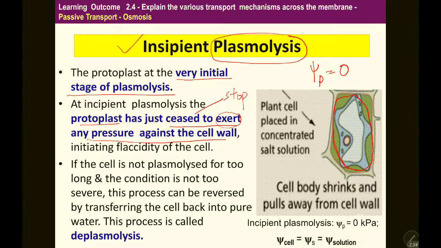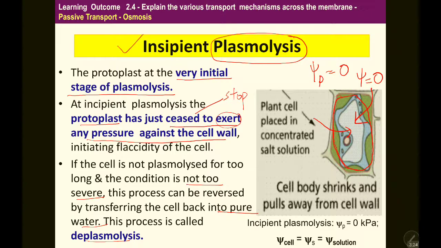Okay, if this condition is not too severe, you can reverse the condition by putting it into pure water. So this is known as deplasmolysis. If you put it in pure water, the water has the highest water potential, so the water will start to enter the plant cell.